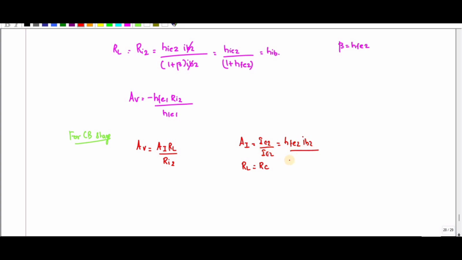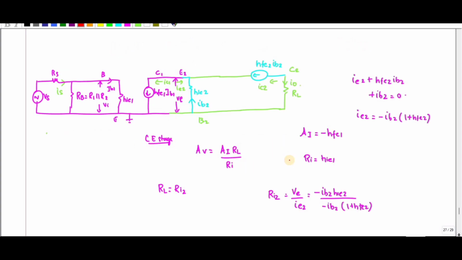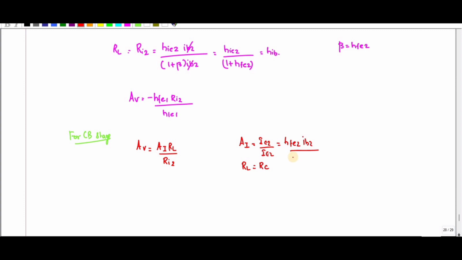And IE2 value I know. What is IE2 value? IE2 value is IB2 plus HFE2 IB2, that is 1 plus HFE2 into IB2. Okay. So AI is nothing but I naught divided by IE2. So this is your minus.